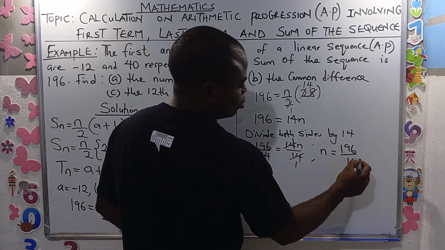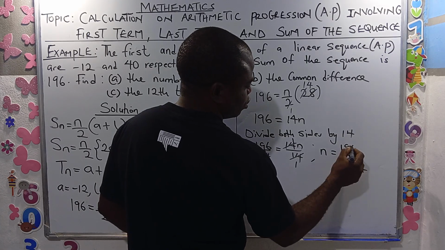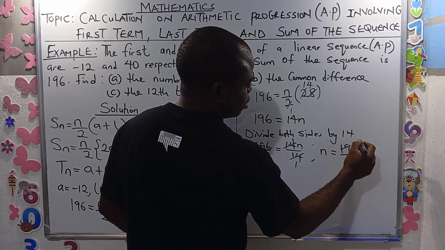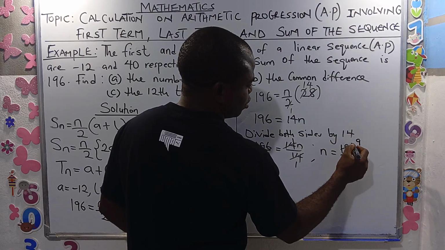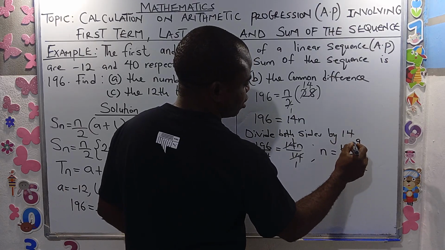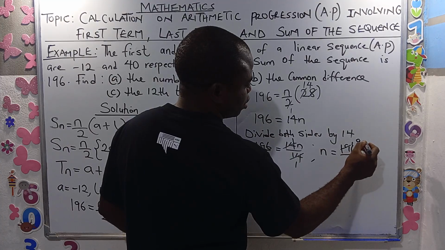Let's divide by 2: 14 divided by 2 is 7, 196 divided by 2 is 98.